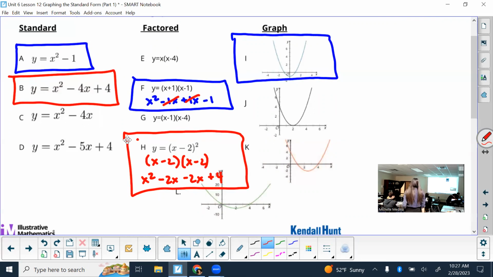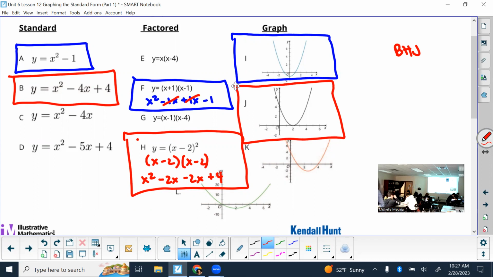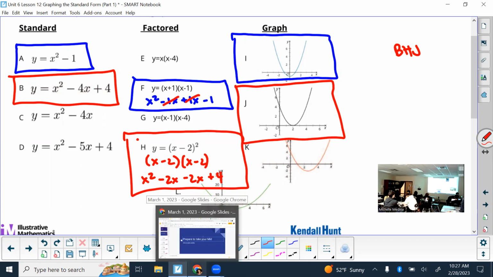And then what graph matches those? Okay, have a vote for J. Anyone disagree? Okay, for that one, I think I would have to type it in and see, because we haven't done left or right yet. We've only done up, down, stretched, compressed, and flipped.